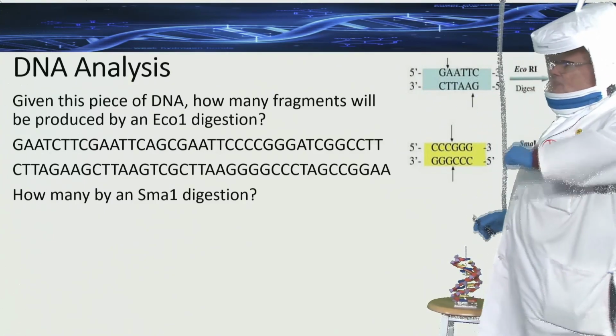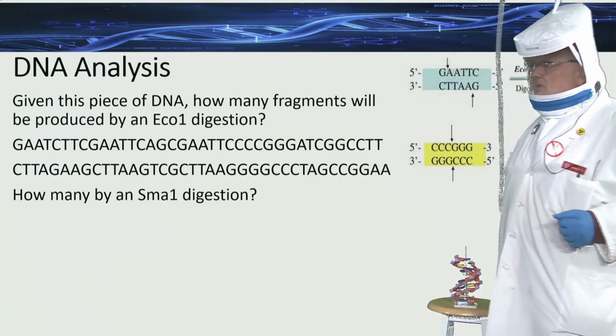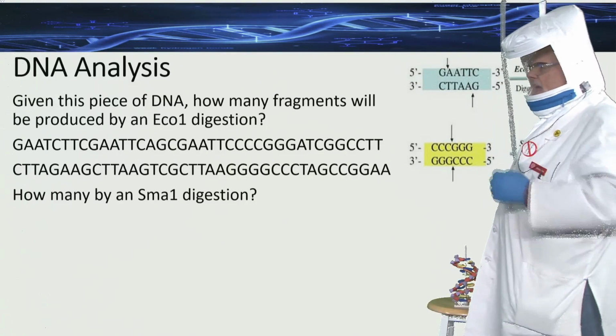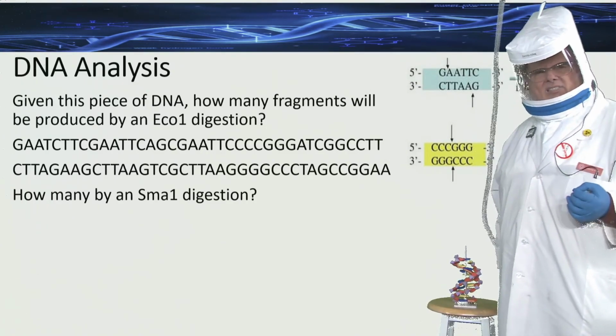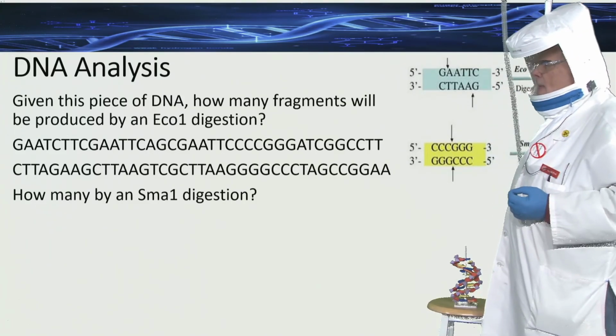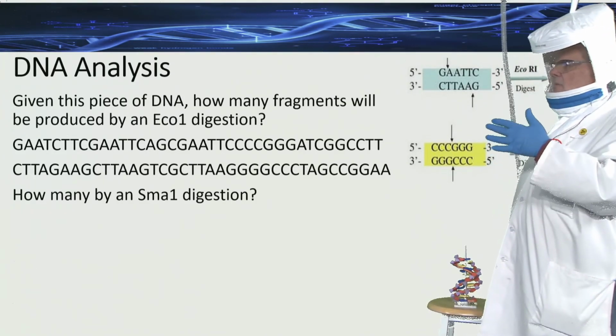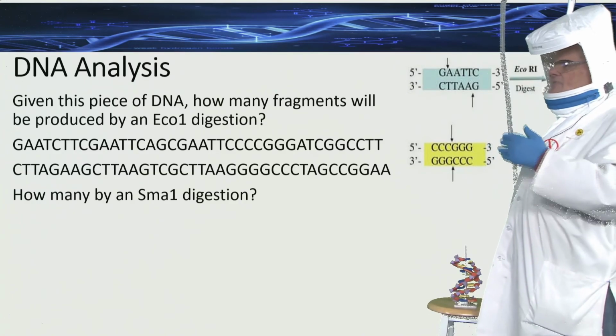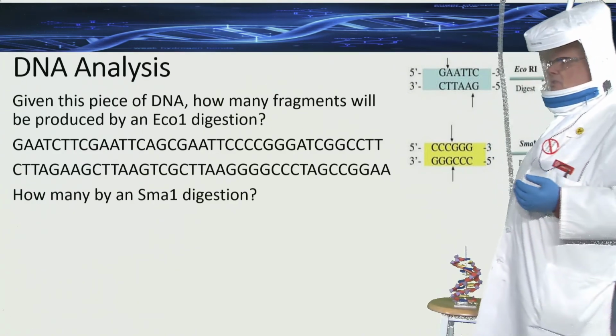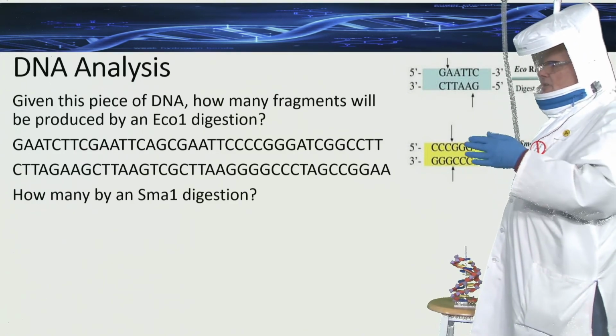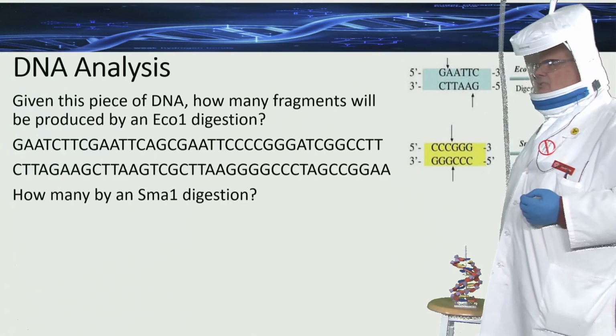So if you get this piece of DNA and then you add EcoR1 to it to digest it, how many fragments are going to be formed? Look through there and see if you can tell.